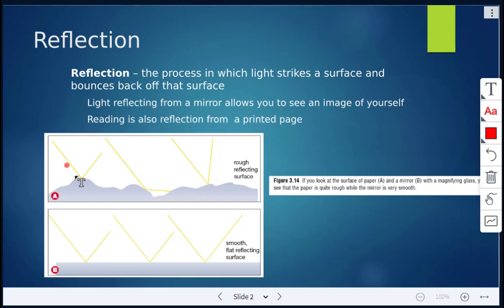So you can see what's happening with the ray diagrams. They're kind of bouncing off at different angles. But if we have a smooth, flat reflecting surface, you can see that all of these incoming rays and reflecting rays are all kind of angled the same. And we will look at that more as we continue with the lesson.